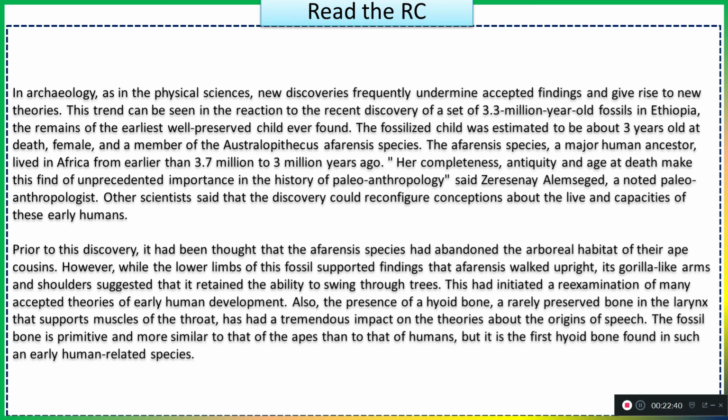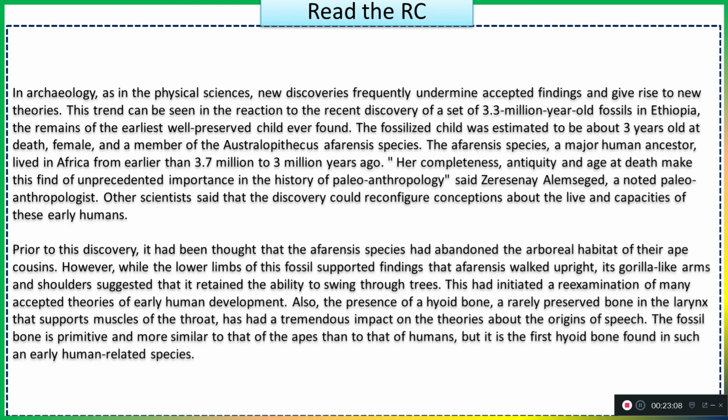So completeness of the fossil would be in some way, maybe the development of various organs, or that they found the fossil thoroughly complete with every part preserved, right? So let us see. This guy says her completeness, antiquity, and age at death make this find of unprecedented importance in the history of paleoanthropology.